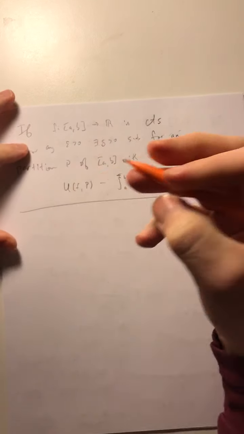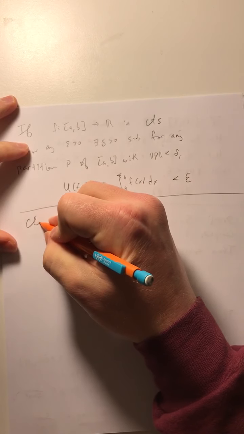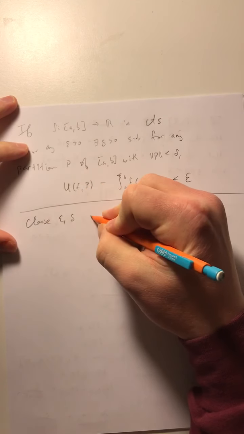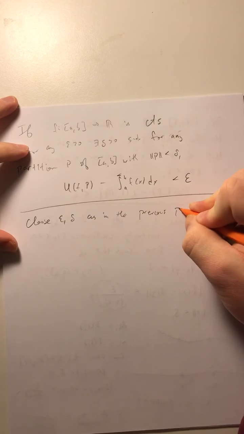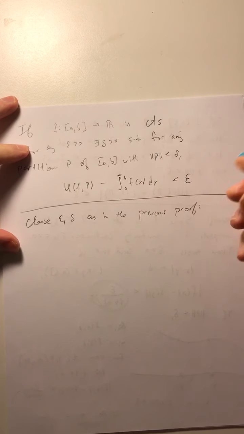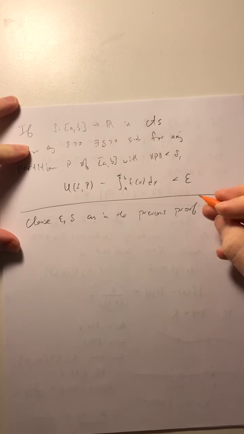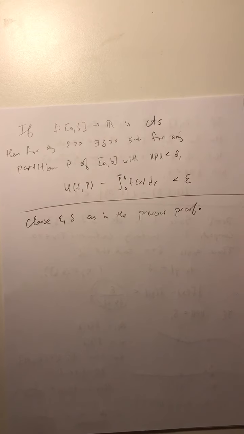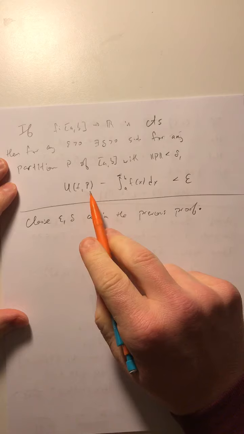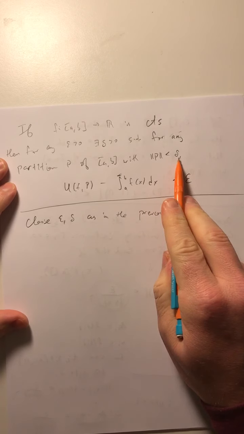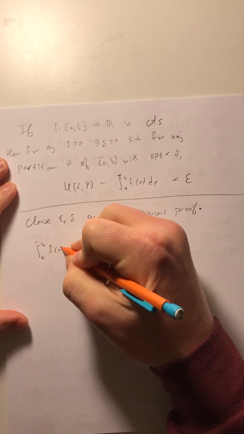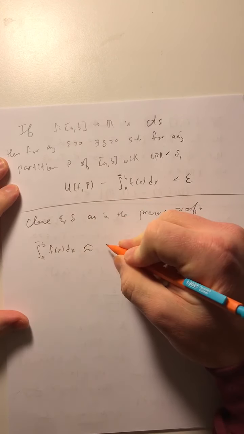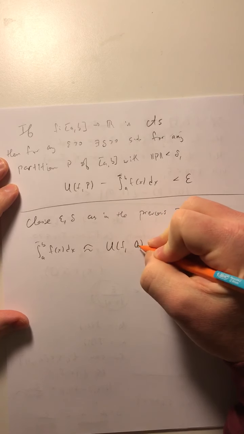And now I'm going to say choose epsilon and delta as in the previous proof. And then what we're going to do is say let P be a partition whose mesh is less than delta, and then say the integral from a to b of f of x dx is approximately U(f, Q).